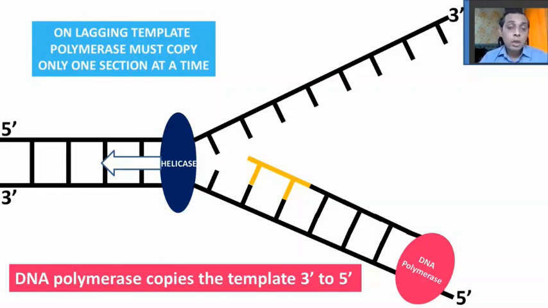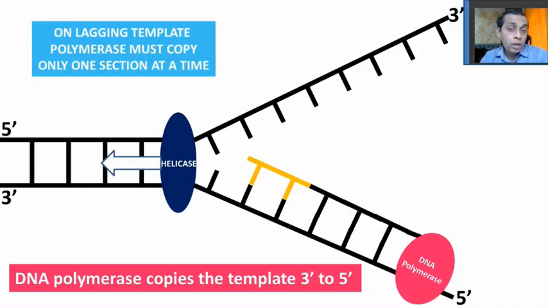Why? Because this DNA polymerase, once it has made the lagging strand, cannot continue, because the next Y-shaped replicating fork has already finished its replication. Remember that bubble which I had shown had already finished its replication on the opposite side's leading strand.